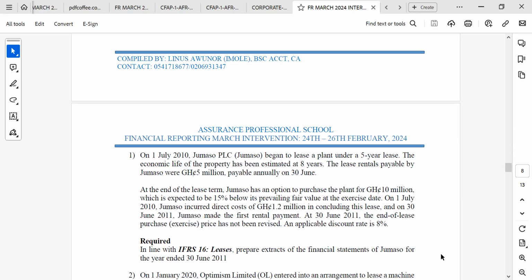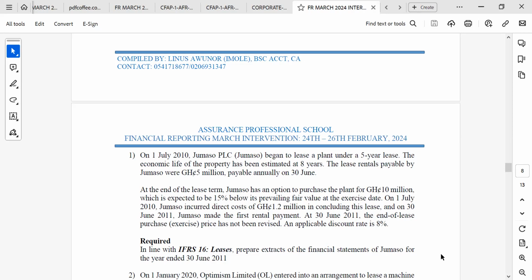At the end of the lease term, Jumaso has an option to purchase the plant for 10 million, isn't it? Which is expected to be 15% below its prevailing fair value at the exercise date. On 1st July 2010, Jumaso incurred direct costs of 1.2 million in concluding this lease.